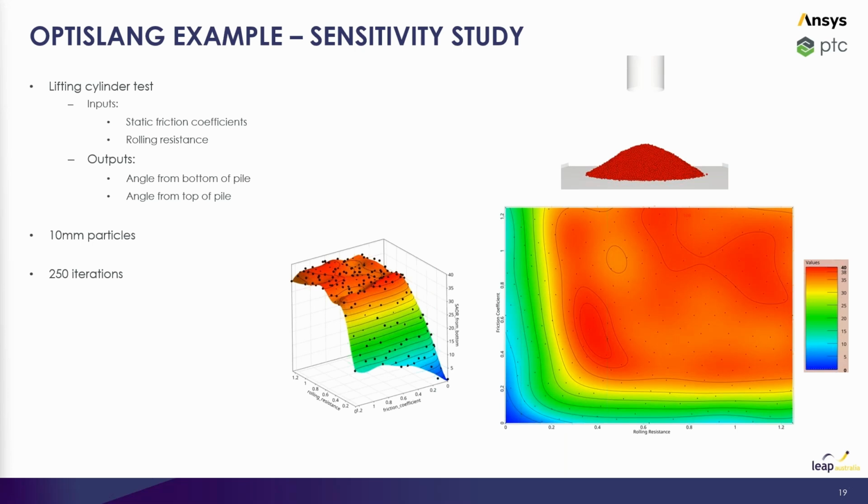It's a slightly different model again with 10 millimeter particles compared to before, which used 16 millimeter particles. And we've been able to generate a high quality response surface from 250 iterations, or 250 solves, being able to capture the nonlinearity of this system.